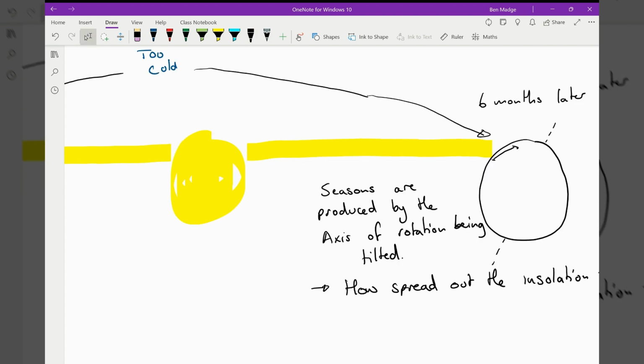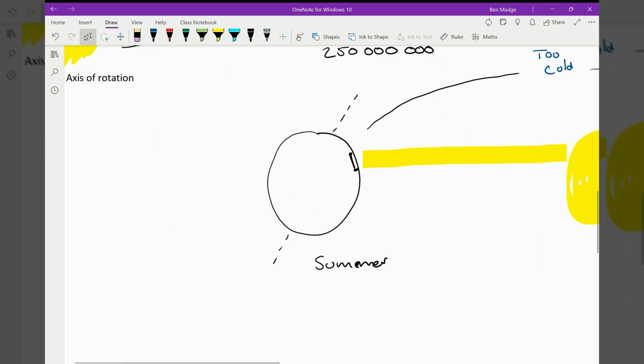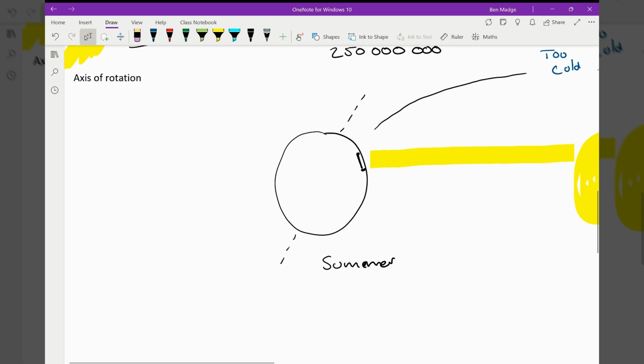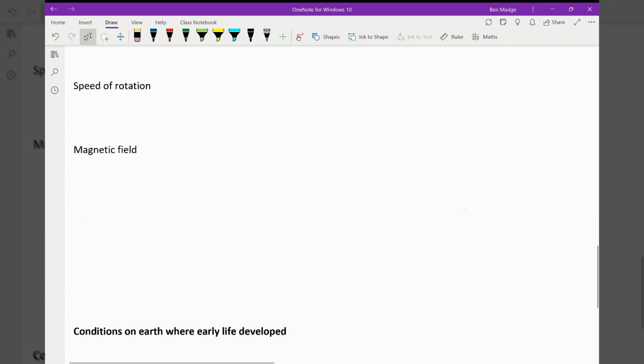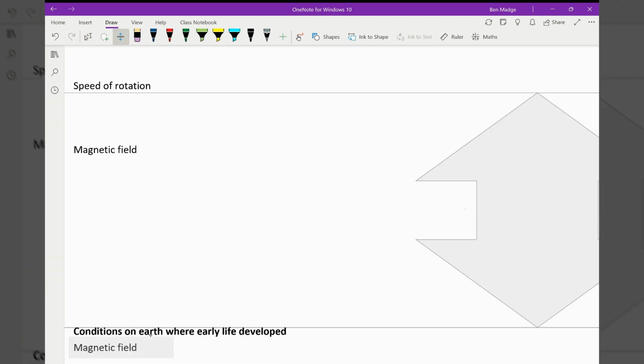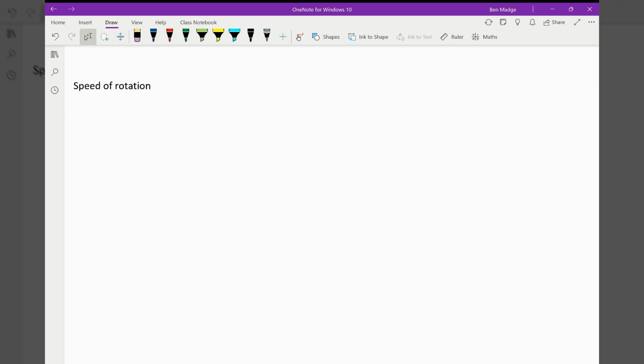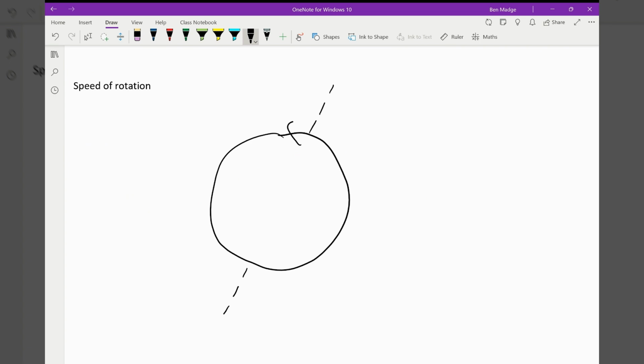The next one we have to look at is the speed of rotation. Okay, so not only does our planet orbit around the sun, so here's the Earth again, and here's its tilted axis of rotation, but our planet also rotates around the axis of rotation.